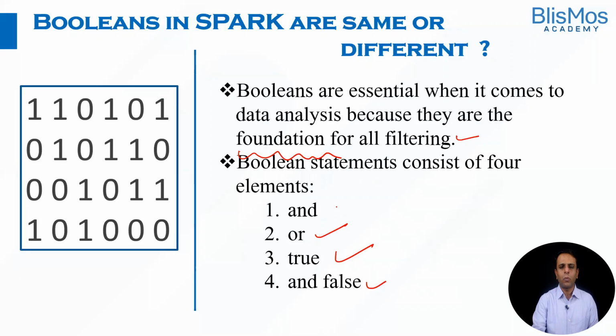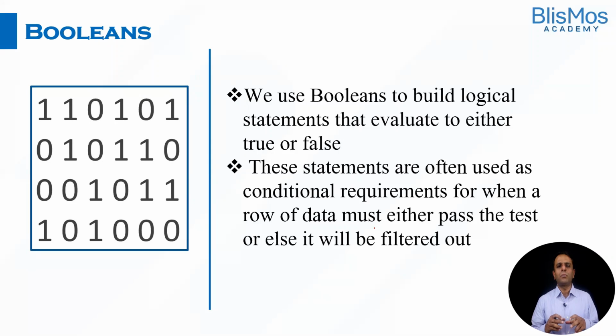You may be wondering why AND and OR came into the picture. We'll see that in a bit. AND and OR also help in filtering, which is why they are included as part of the Boolean statements. At a high level, we understood the Boolean statements evaluate to either true or false.